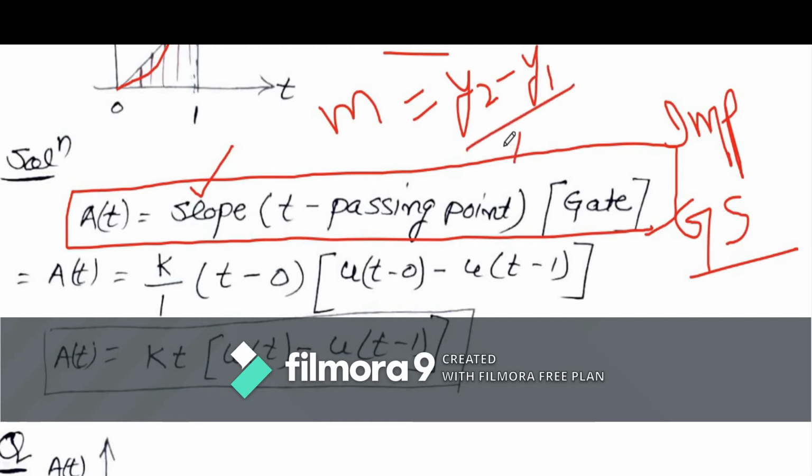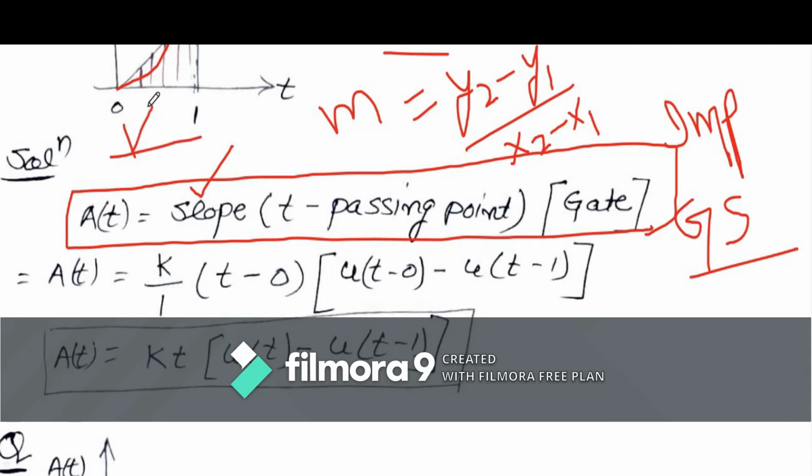This is the slope. The first step is to write down the slope. Then you will write t minus the passing point, where this line intersects the x-axis. You can see that this line is intersecting the x-axis at 0.